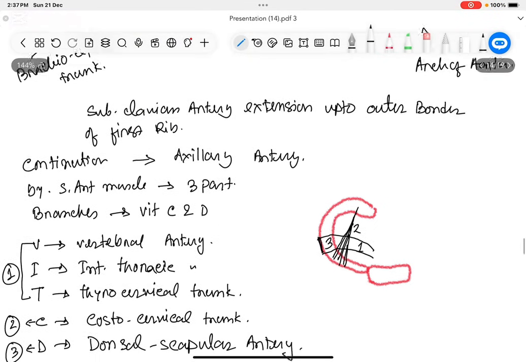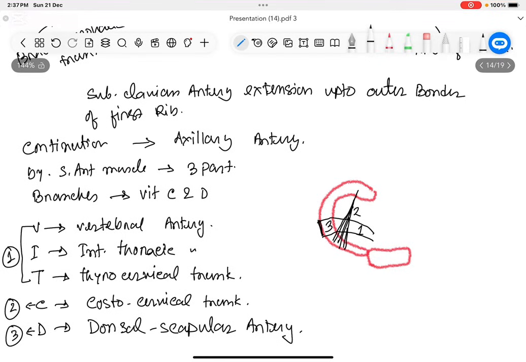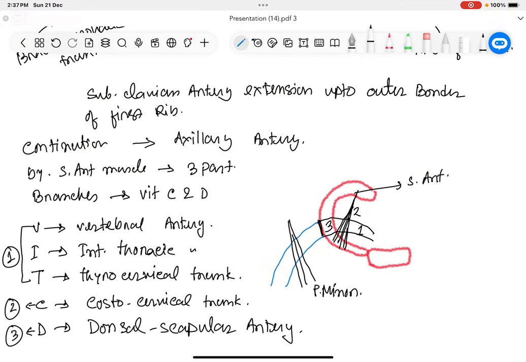So this is all about the subclavian artery related information. As I said, after the subclavian artery, from the outer border of the first rib, it will continue as the axillary artery. So this blue color what I mentioned should be the axillary artery. Again, the axillary artery is divided into three parts by a muscle. What is the name of this muscle? Pectoralis minor. And what was the name of the other muscle? Scalenus anterior.